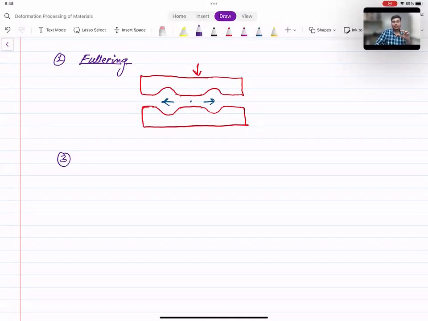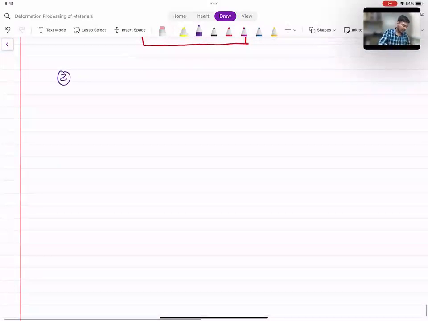Then this is one type of forging, as it has similar application of loads as used in forging operations. So the dimension gets reduced in between or in the center.